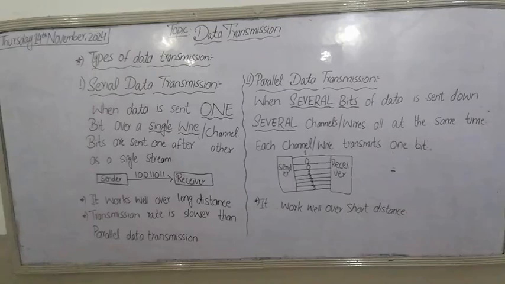The one advantage is it's fast, but if the distance, as I said, is more than 20 meters, you will face one problem: when the data arrives at its destination, it will be unsynchronized, and the bits will also be out of order. So we can say that the longer the distance, the worse the result if you use parallel data transmission for longer distance data transmission.